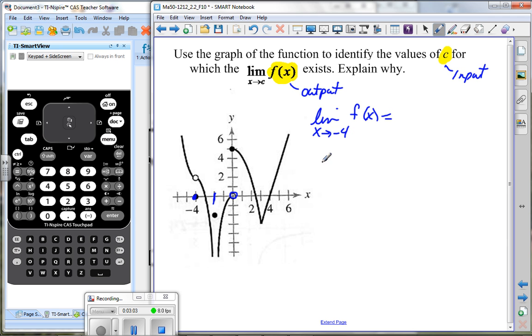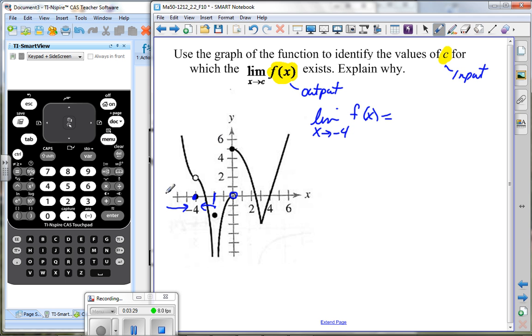Now, when we write this notation, remember we have these things called one-sided limits. Remember those? Because this is the whole premise of having a limit. It means that if I come up to -4 from the less than -4 side, and if I come up to -4 on the greater than -4 side, again, my question is, what's happening to the outputs?